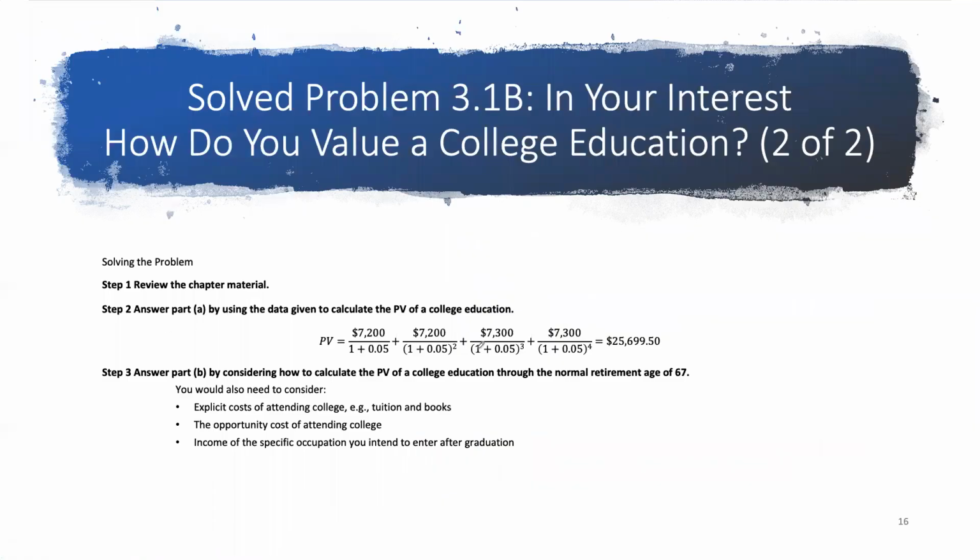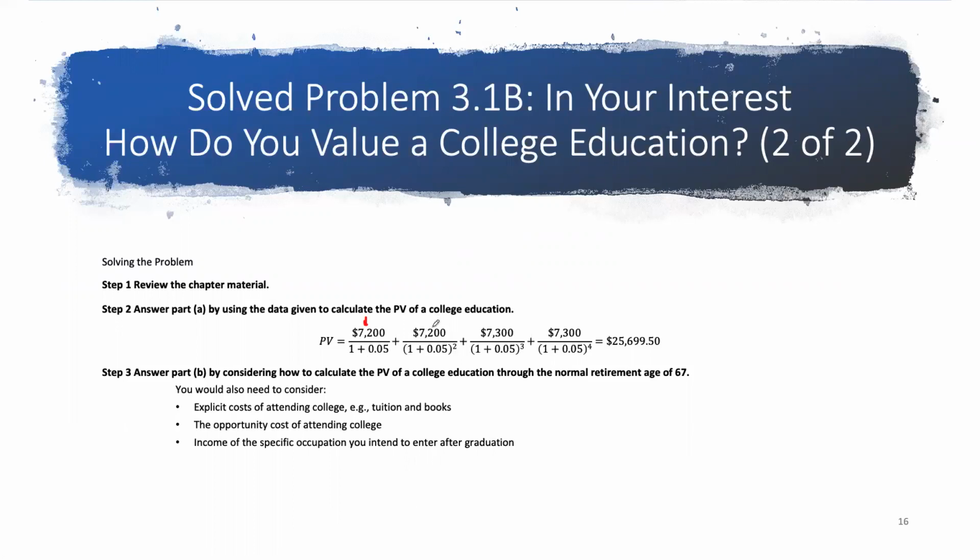Suppose the interest rate is 5%, what is the present value of a college degree, right? So if I have a college degree, how much more money would I make relative to just going to work with a high school degree? If I have a college degree, then I have an additional $7,200 in the first period at age 22.